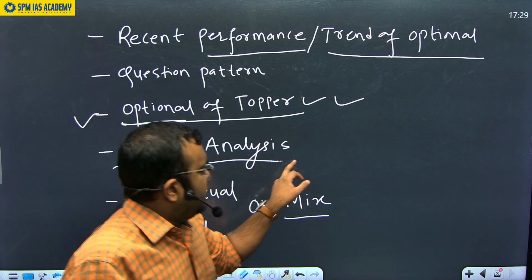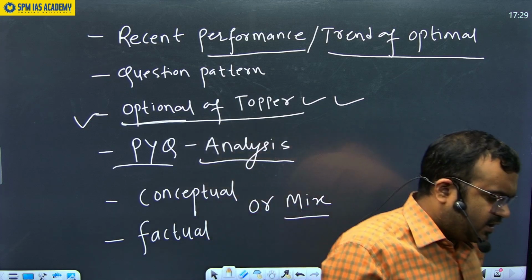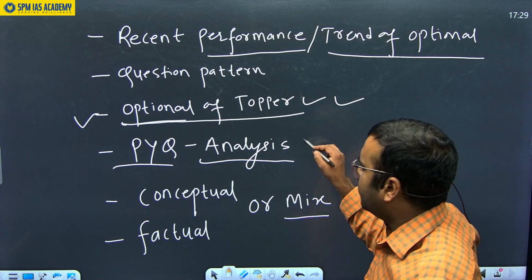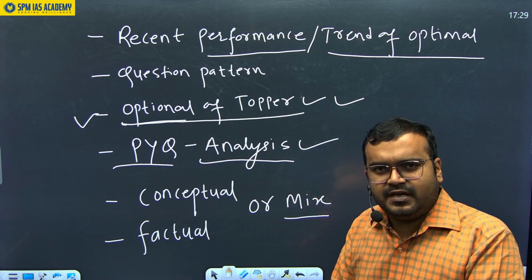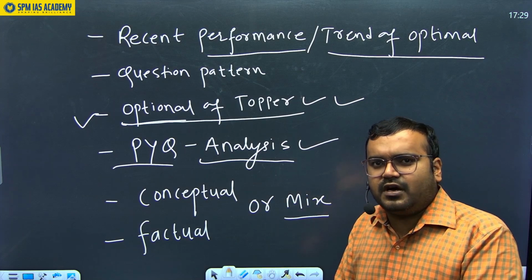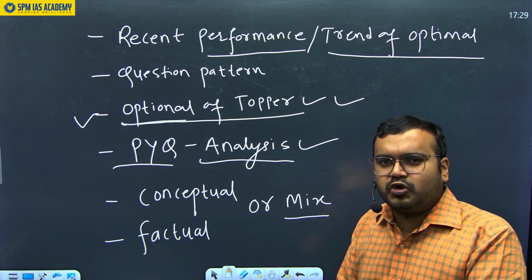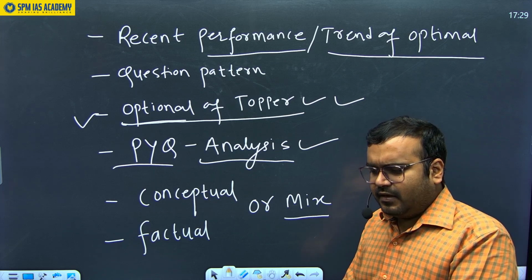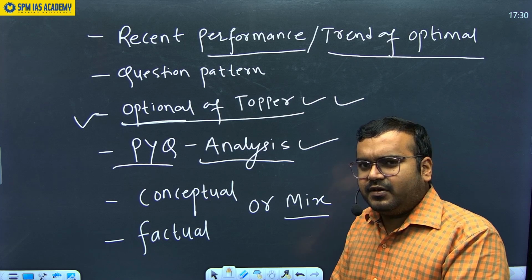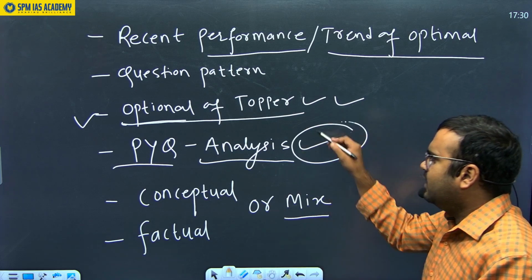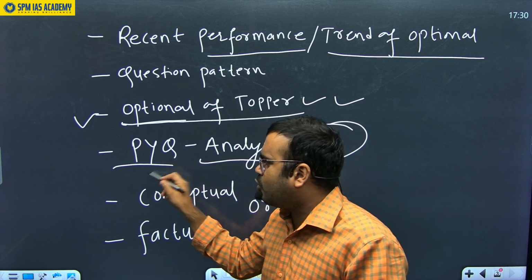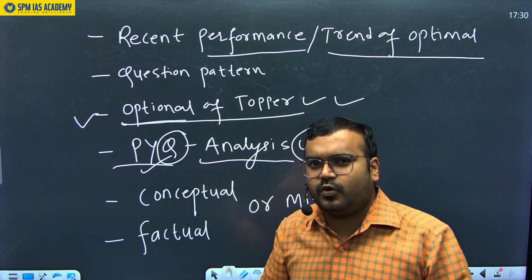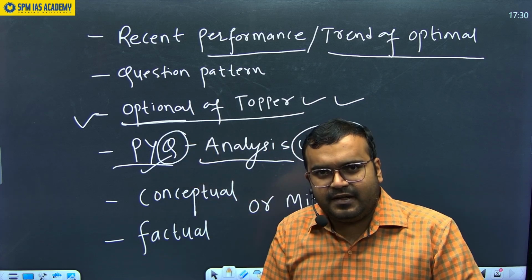Then most of the time you will go and meet teachers or mentors. They will say go and look into the previous year questions of your optional, or the optional of your liking that you want to choose, right? But the problem arises when, without studying that subject, you just try to analyze the questions and on the basis of that you are trying to make this big decision.